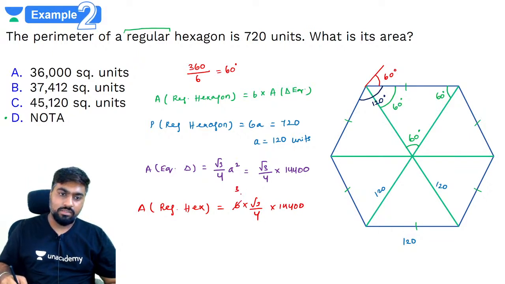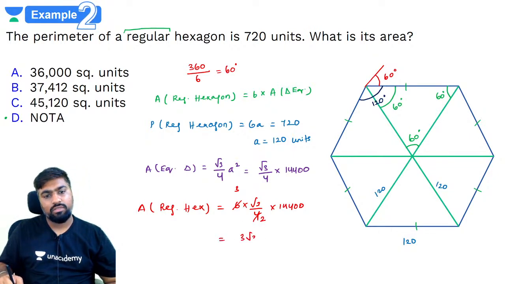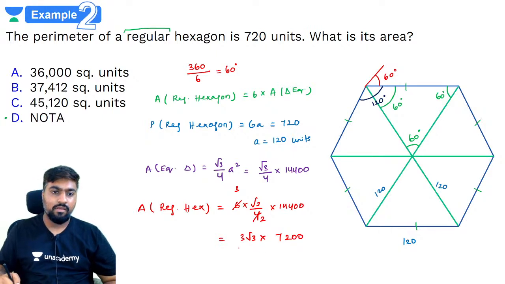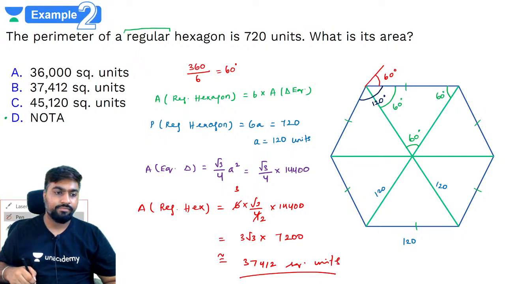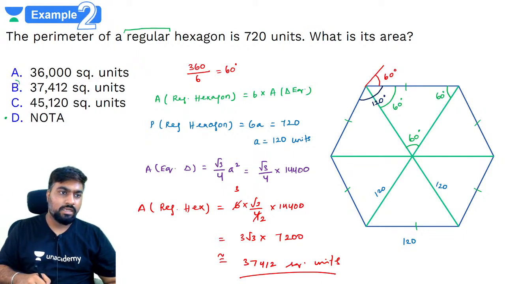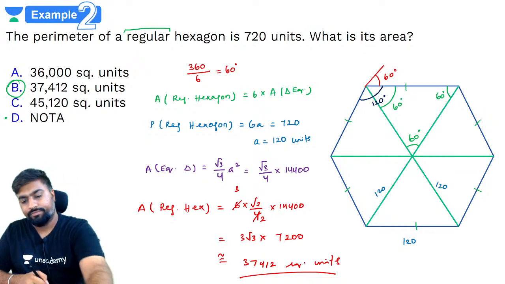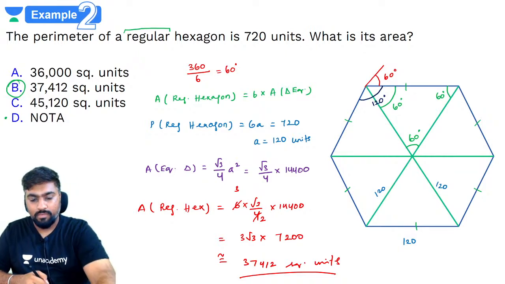This is 3 root 3 into 7200, which comes up to approximately 37412 square units. Understood? What is our answer? Option B.